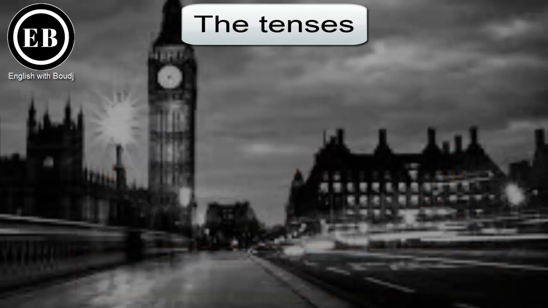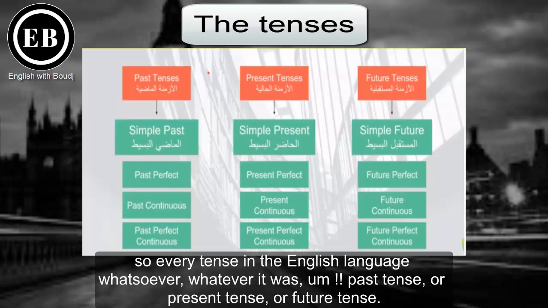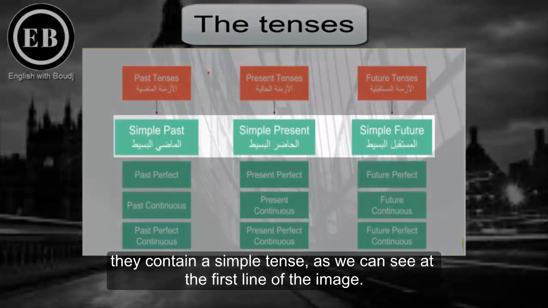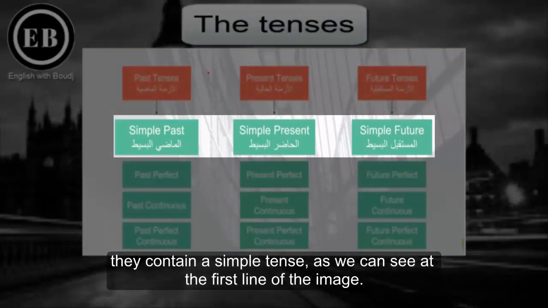Every tense in the English language, whether past, present or future, contains a simple tense, as we can see on the first line.